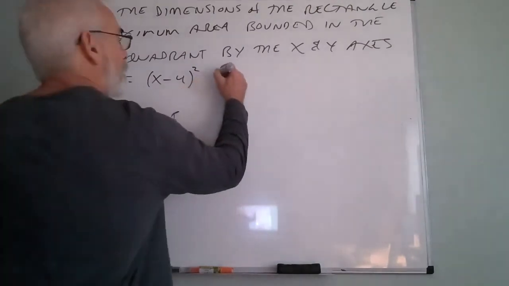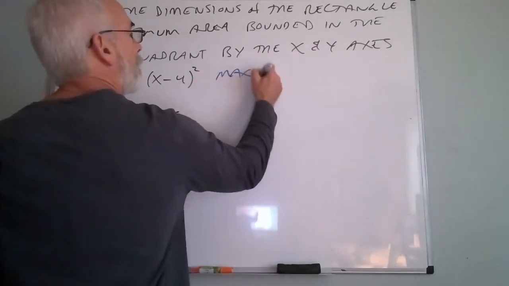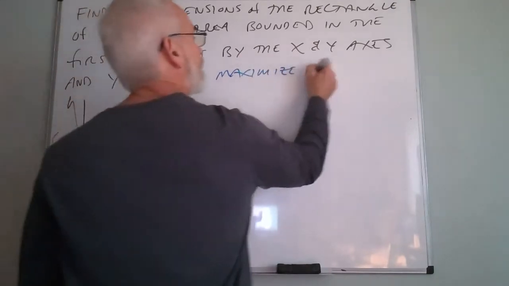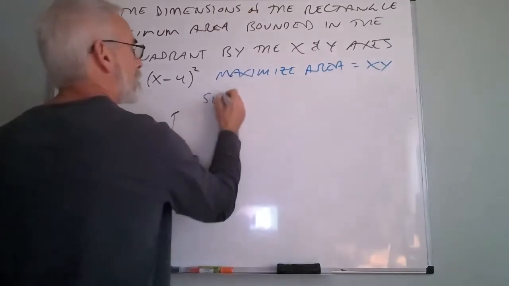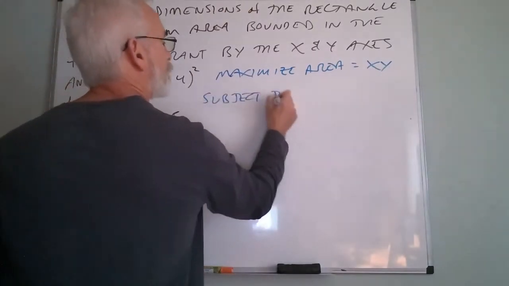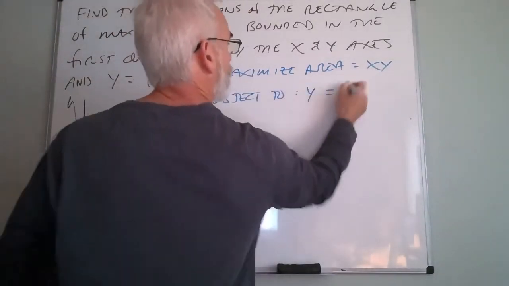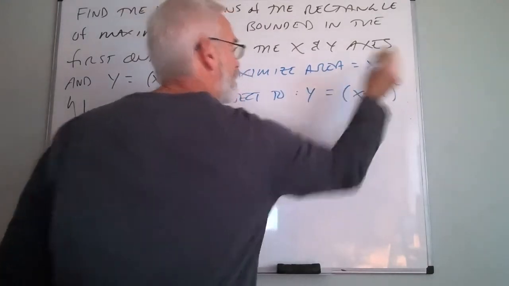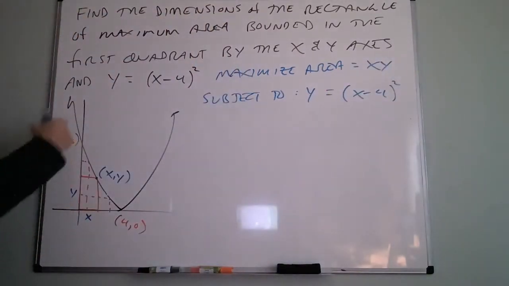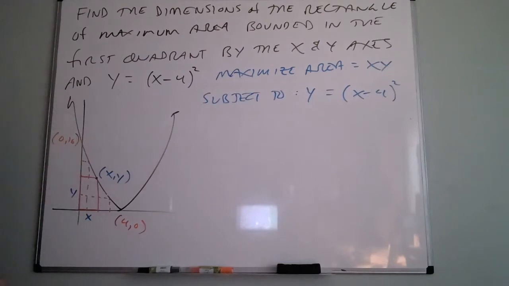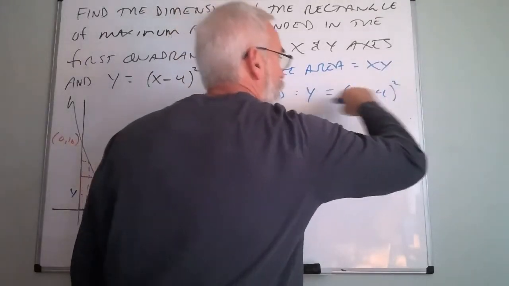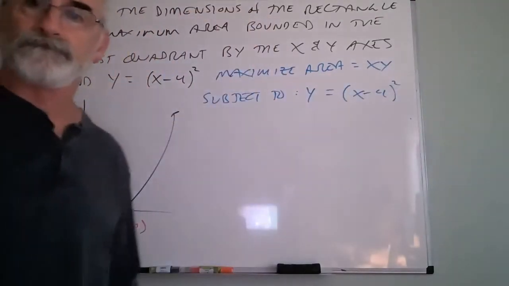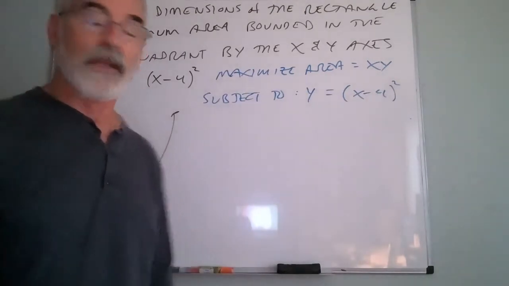So I want to, once again, maximize area, which equals x times y, subject to y equals (x minus 4) squared. Okay, I am bound by this thing here. Well, now it's a little easier than the last problem because I clearly would replace this y with this one. No way around that. That's all I got to do.